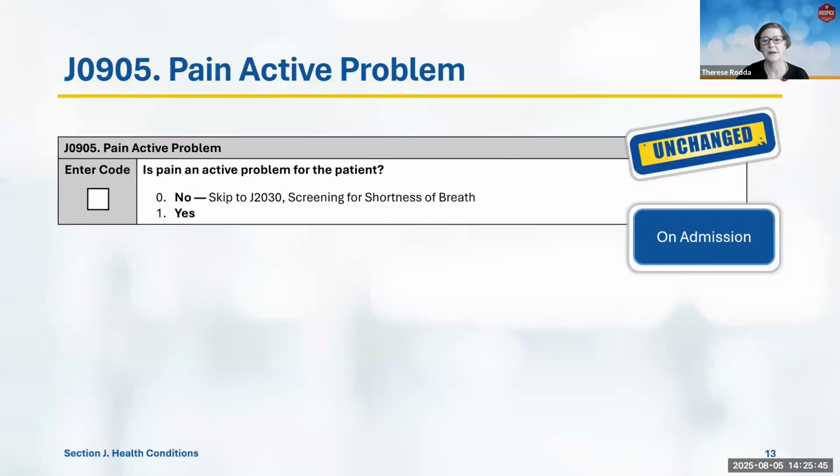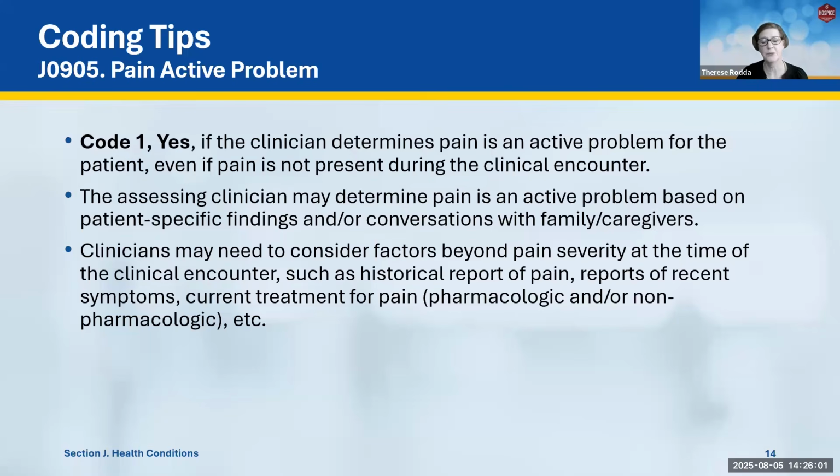The second pain item is J0905, pain active problem. This is not a new item for hospices and is collected on admission. This data element asks, is pain an active problem for the patient? Here are some coding tips to assist with coding J0905. If the clinician determines pain is an active problem for the patient, they will code 1 yes, even if the pain is not present during the clinical encounter.